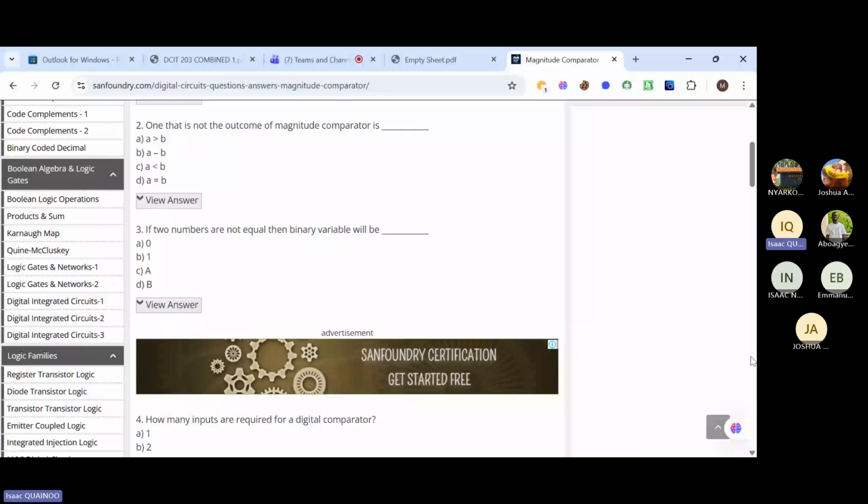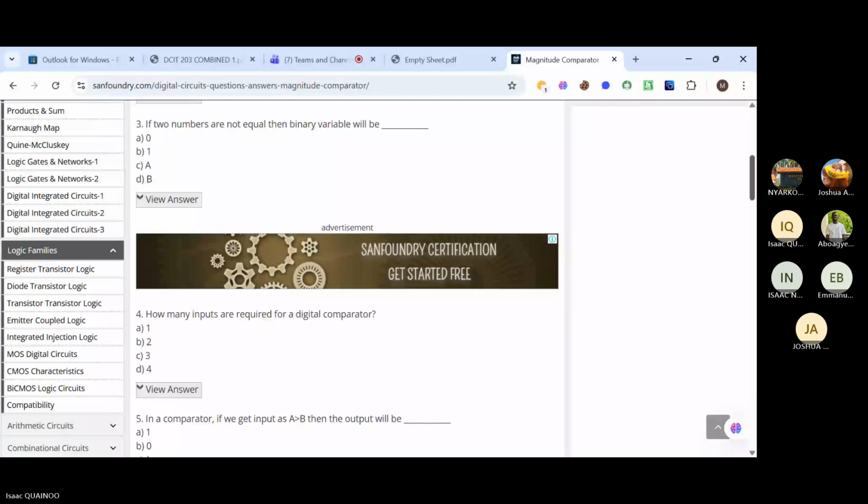If 2 numbers are not equal, then the binary variable will be A, 0; B, 1; C, A; and D, B. So can someone try to help us with the answer? This is a technical question, so we have to look at it carefully.